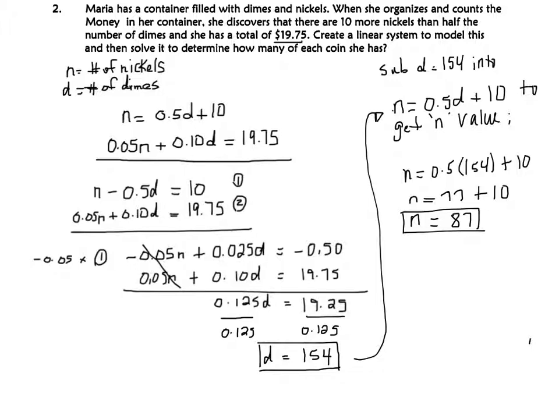So therefore, the number of nickels in the container was 87, and the number of dimes was 154. So the container has 87 nickels and 154 dimes.